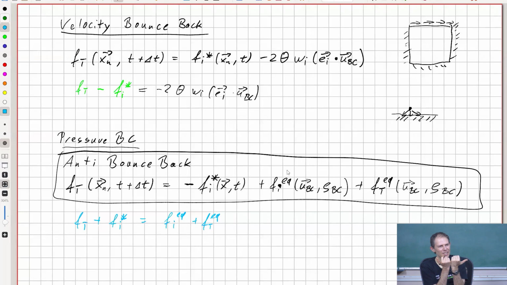Yeah? And the linear part in this direction is the opposite than in this direction, right? So if you add them up, the linear part will disappear, and there will only be the quadratic part left. Yeah? So, yes, the u_bc, you still need the u_bc in order to be accurate, but this you could, for example, get from extrapolation.